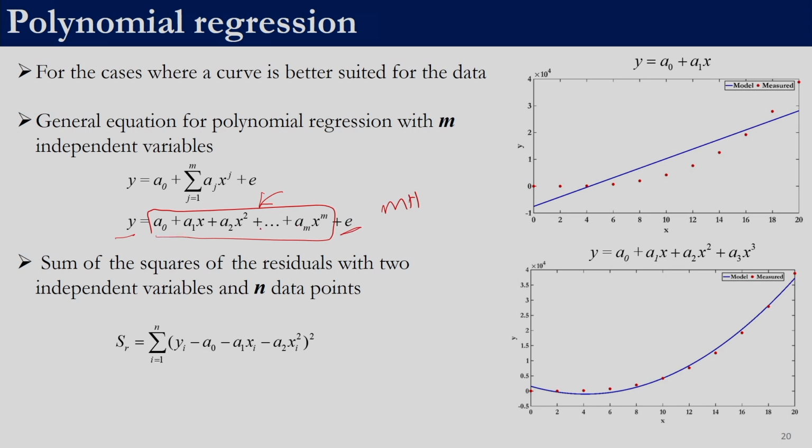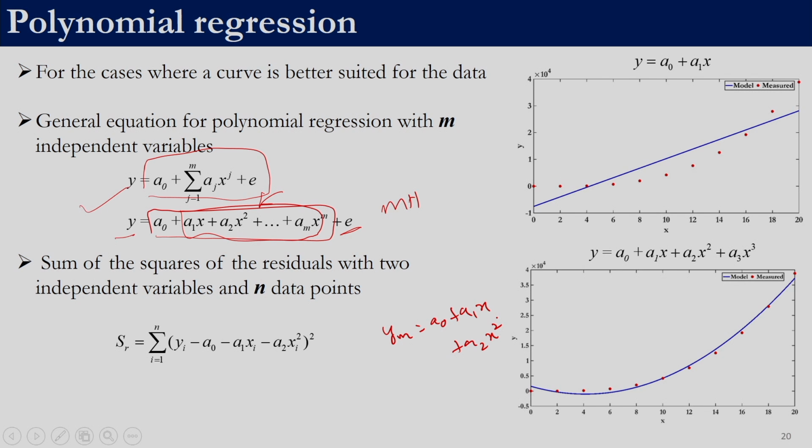Compactly it can be written like this: a0 plus the sum over j equal to 1 to m of aj x power j, plus the error. So, this is the generic polynomial regression, but first we will work with y model equal to a0 plus a1 x plus a2 x square.